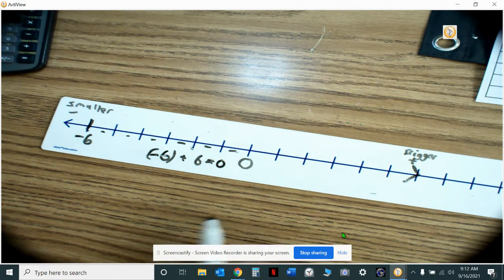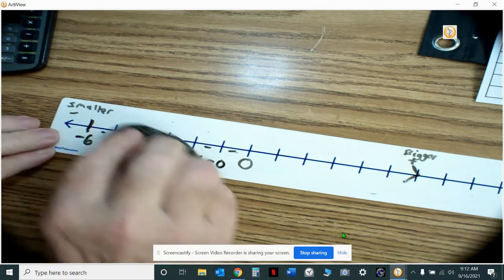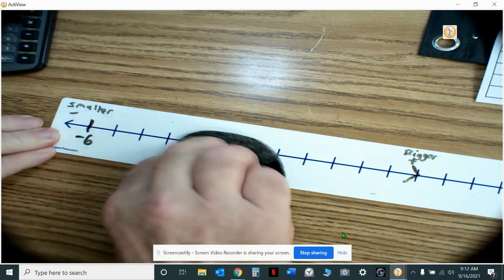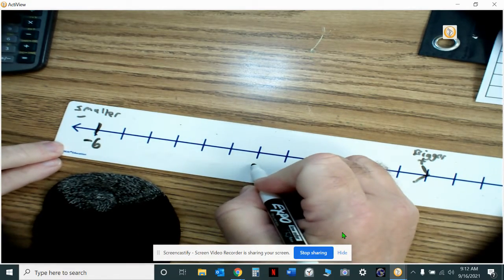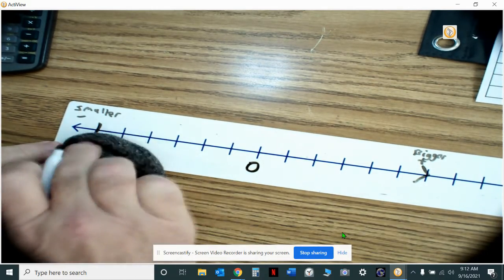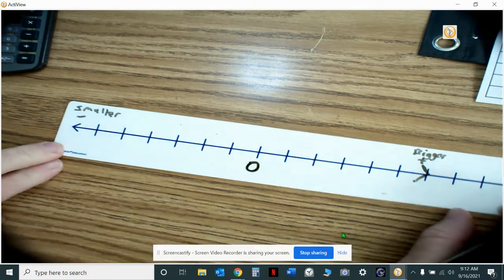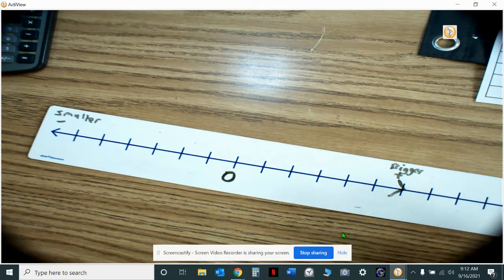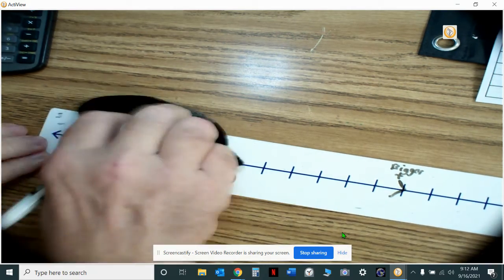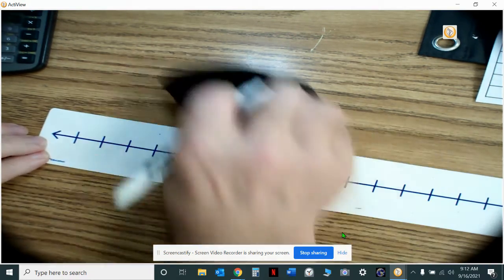All right, this is moving kind of fast, but I don't want you to worry about it, because the real easy part of this is whatever my number is, if it's a negative number, to find the opposite, all I have to do is use that same number, but make it a positive. And if it's a positive number and I want the opposite, all I have to do is use that same number and make it a negative.